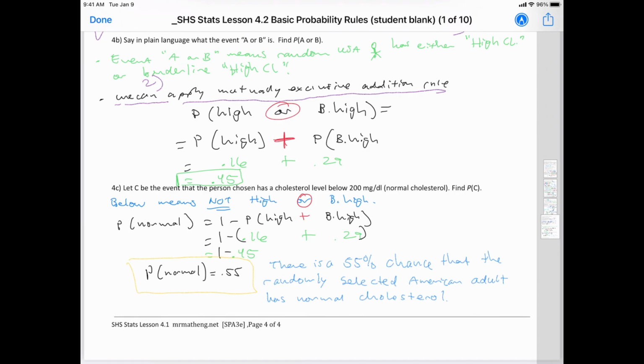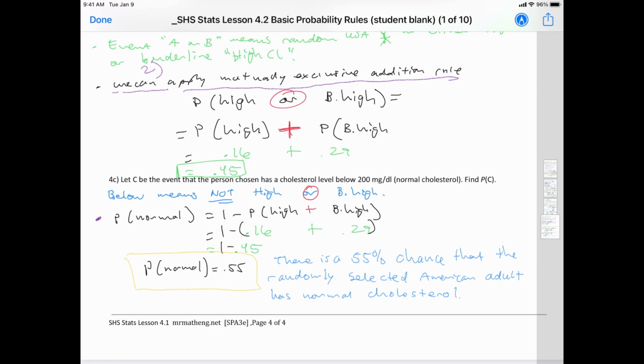Let C be the event that the person chosen has a cholesterol level below 200 milligrams per deciliter, which is basically normal cholesterol. So they're defining the event for us. Find the probability of C. So basically that means if you're below, you're not high or borderline high. So I said that the probability of normal is equal to 1 minus the probability of high plus the borderline high.